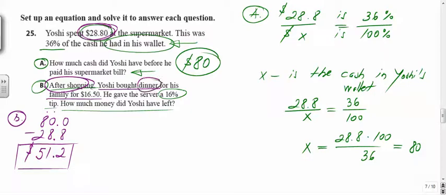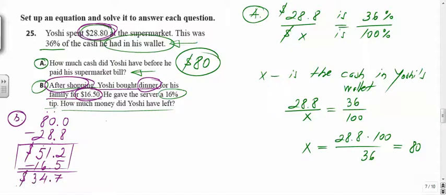Okay, now Yoshi will spend 16.5 on a dinner, right? So from 51.2 I will take $16.5 away. 5 out of 12 will be 7, decimal point, right? 6 out of, you have to borrow from 5, 6 out of 10 will be 4, 1 out of 4 will be 3.